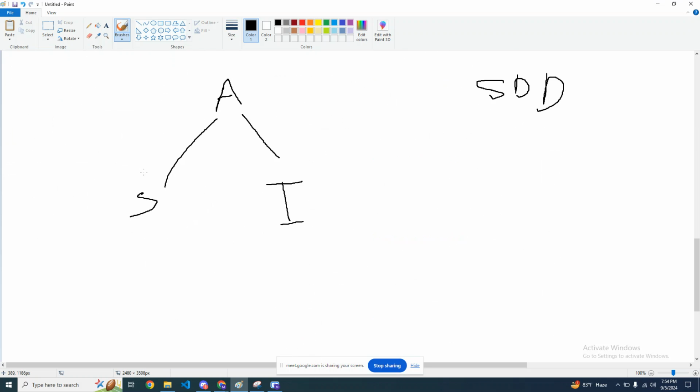Now we are going to learn SDD of two types. One is S attributed SDD, and another one is L attributed SDD. So what is S attributed SDD?